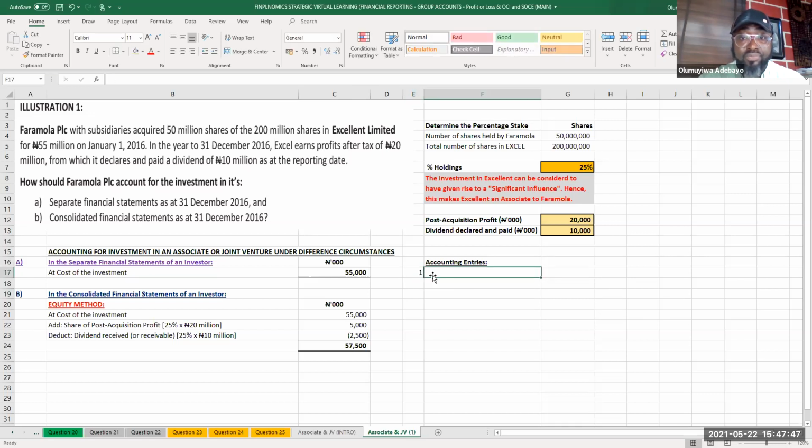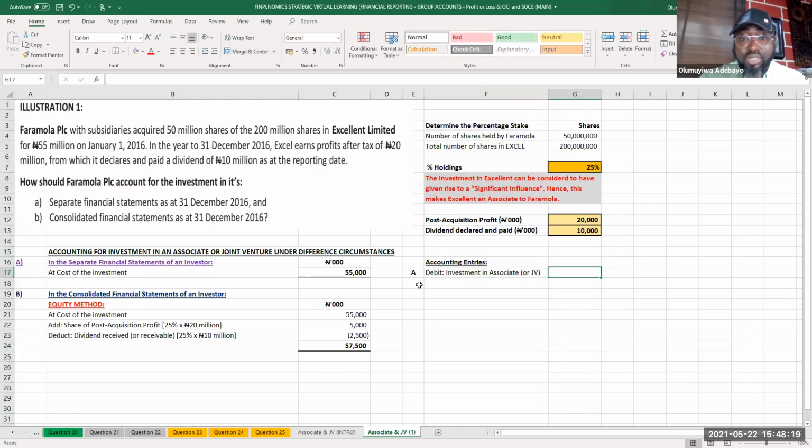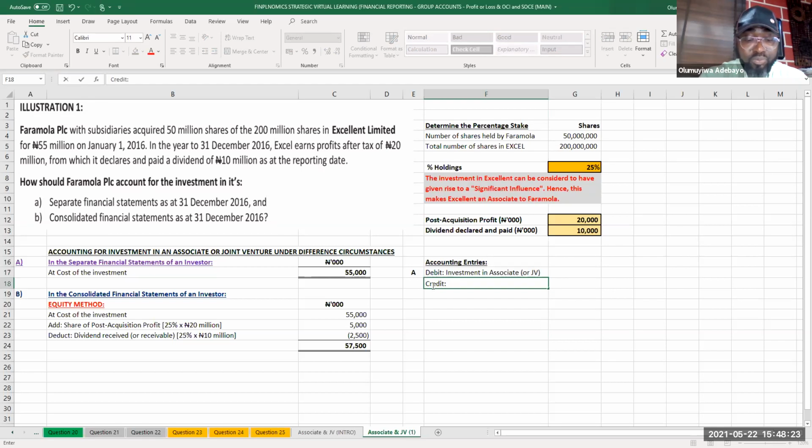One, for the share of profit, you debit investment in associates or JV, and credit profits, which invariably will go into consolidated reserve or retained earnings.